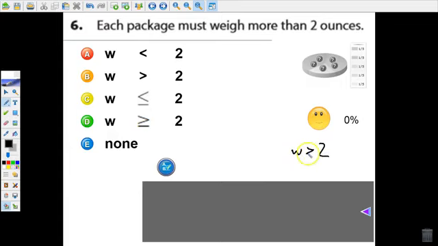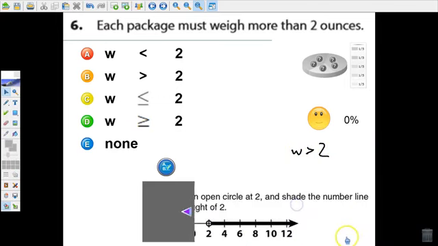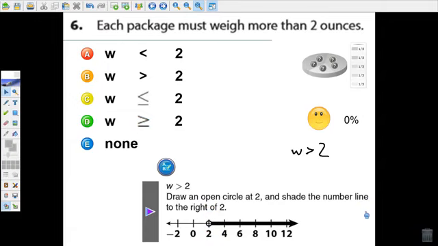Look at the symbol. There's no line, so it's an open dot on 2. And W is greater, so it's going to the right. Open dot on 2 going to the right. That is easy, class. Pay attention to the more than, okay?